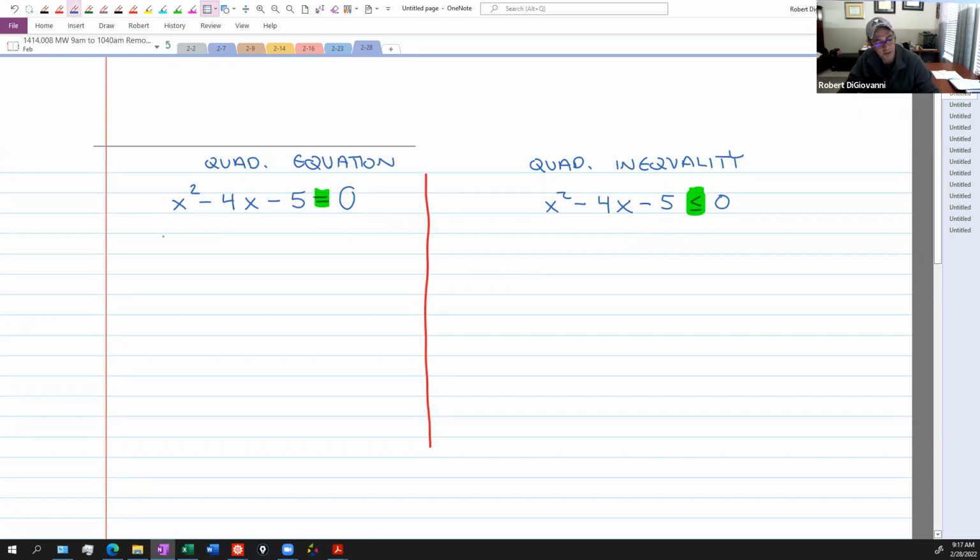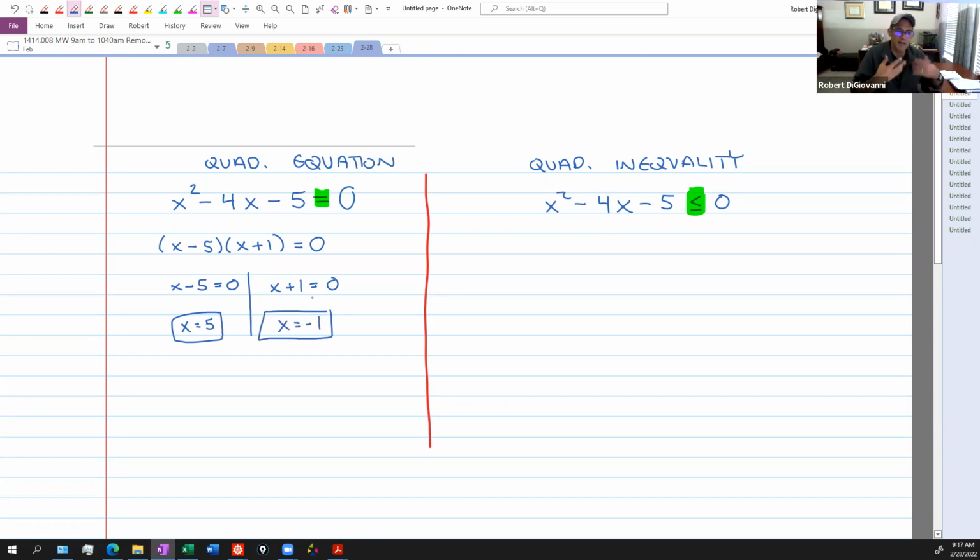And the way we would do this is by either factoring, or you could also do the quadratic formula. Once you factor, you set each of them equal to 0, and you get your two solutions, 5 and -1. Everyone comfortable with that? Like you could do that, either factor or quadratic formula? Good.